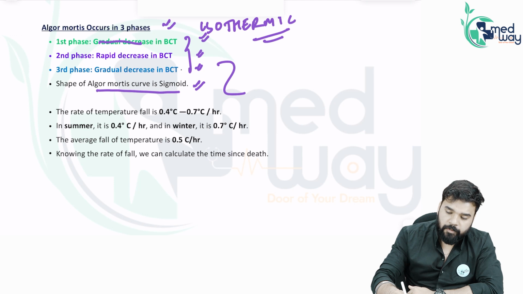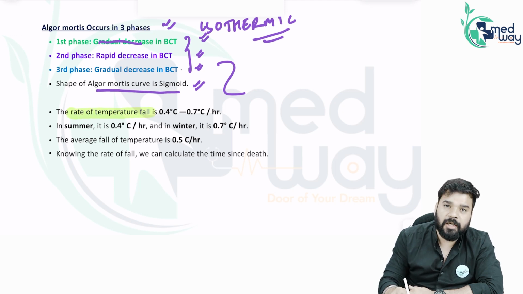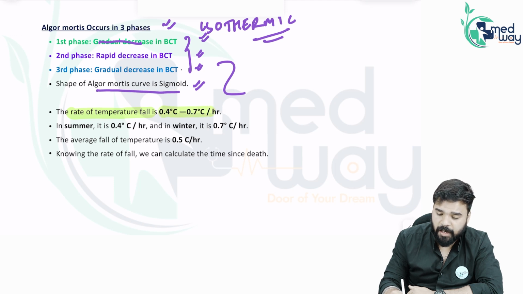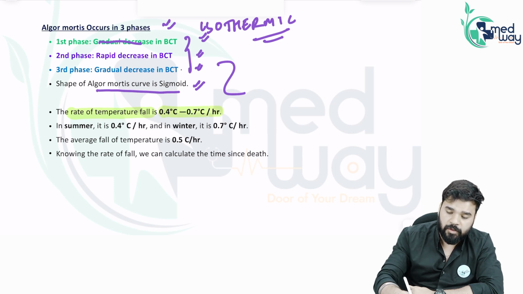Now, the important point here to remember is the rate of temperature fall is 0.4 degrees Celsius to 0.7 degrees Celsius per hour. It is a question.